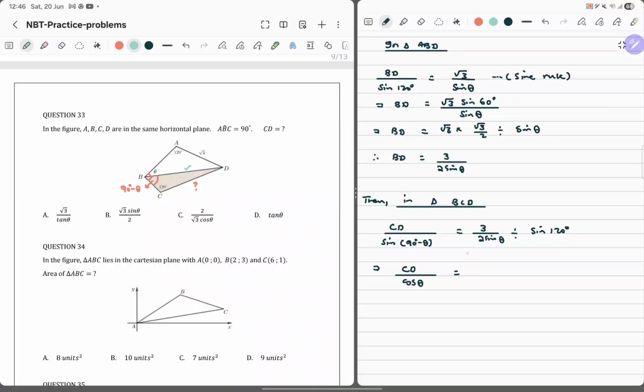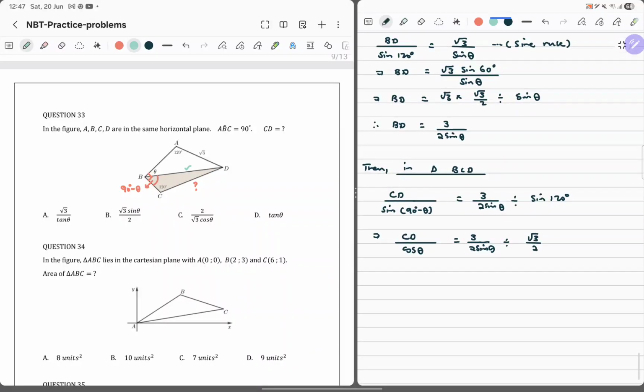now let's think about this. This is going to be 3 over 2 sine theta multiplied by, okay, let's not rush perhaps, sine of 120 is again root 3 over 2. So this is CD divided by cos theta is equal to 3 over 2 sine theta multiplied by 2 over root 3.